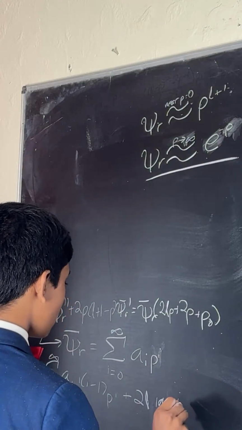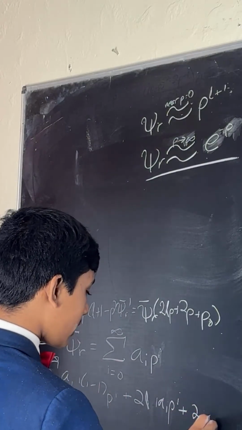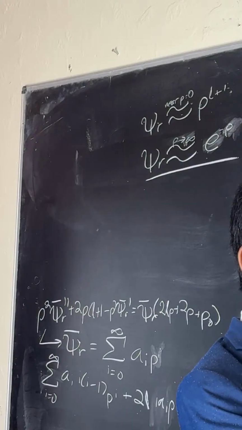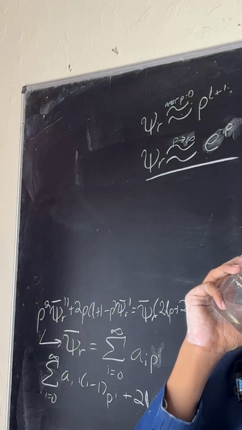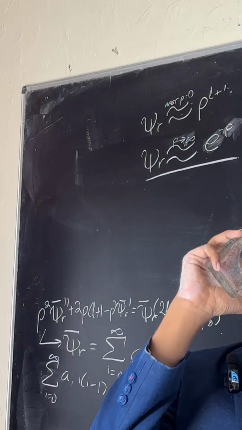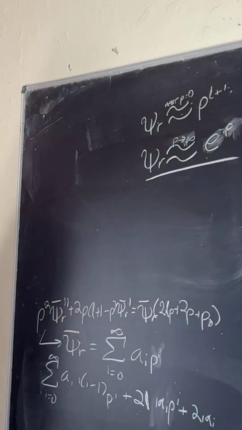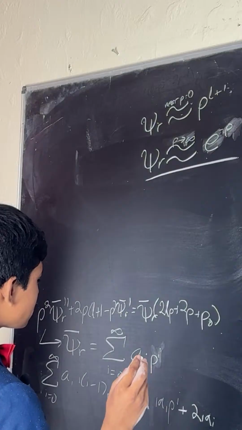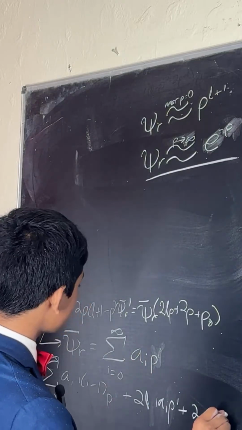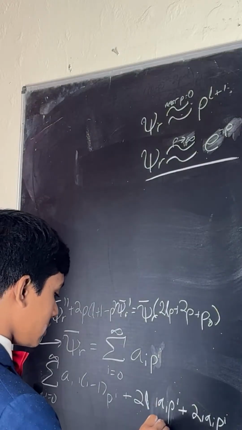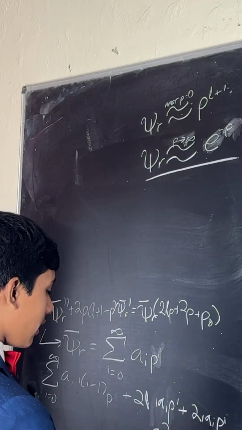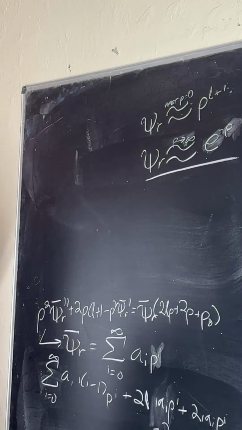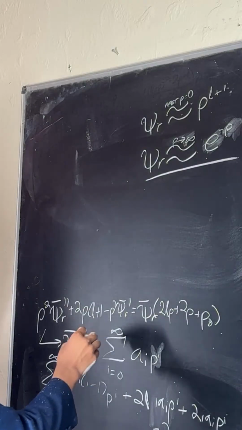Plus 2 rho, which is just 2I A I rho to the I minus 2I A I rho to the I plus 1. Yeah. So that's all of these terms.